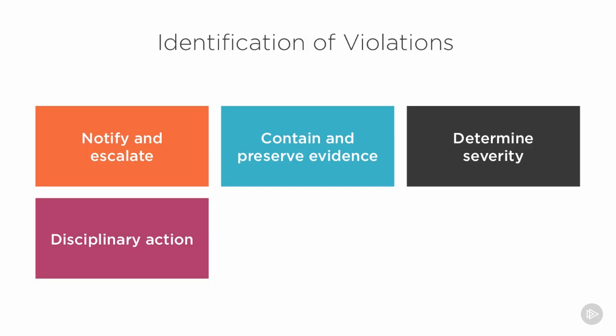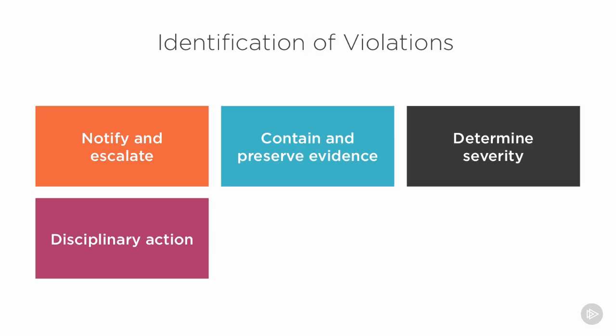When we've done an investigation, it could lead to some type of disciplinary action. And disciplinary action is going to be based on the enforcement of our policies and procedures. Disciplinary action, of course, could even lead up to termination of employment. It's important to have the ability to enact that when necessary.